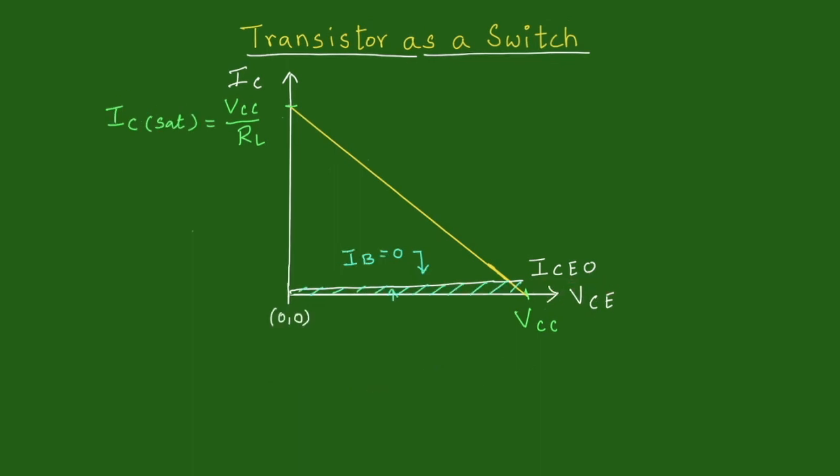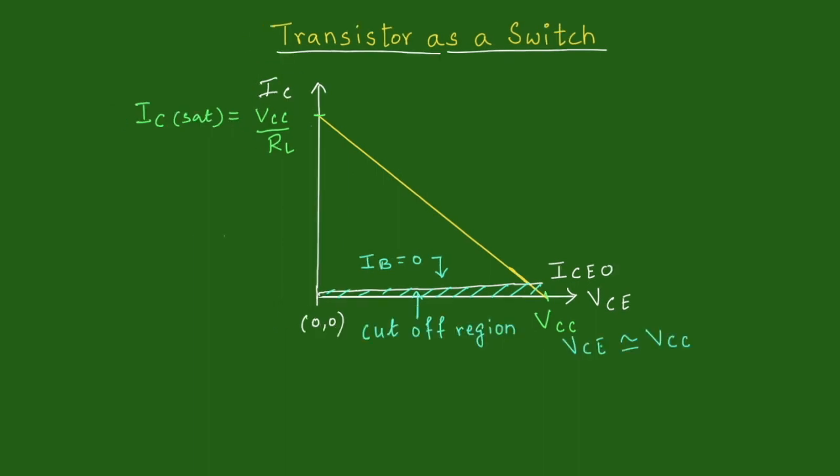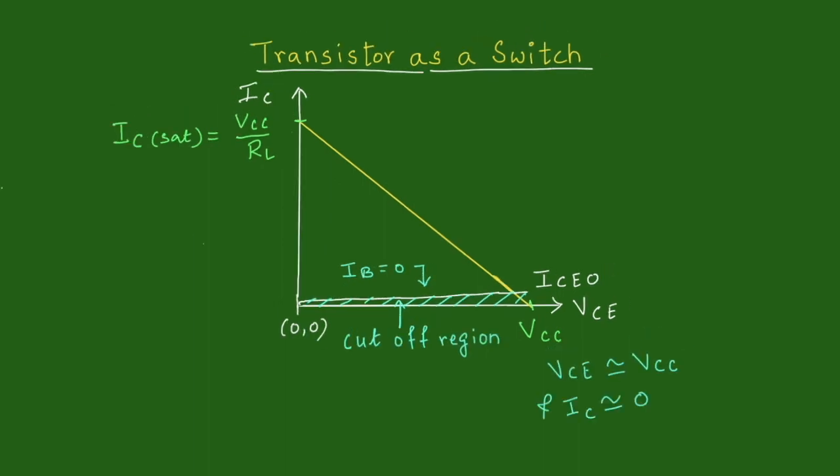Part of this graph which comes between the characteristic for IB equal to 0 and the x-axis is called as cutoff region of the transistor. We can see that the collector to emitter current in this region will be less than equal to ICEO. That means it will be approximately equal to 0.